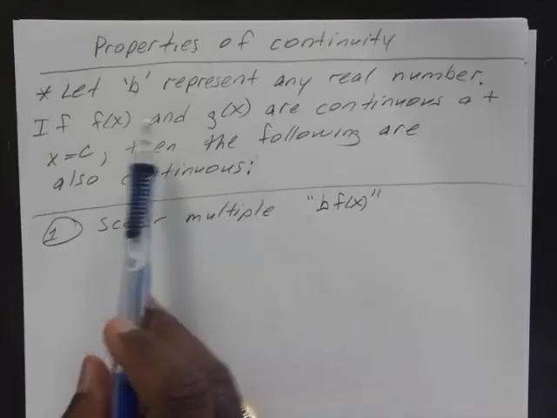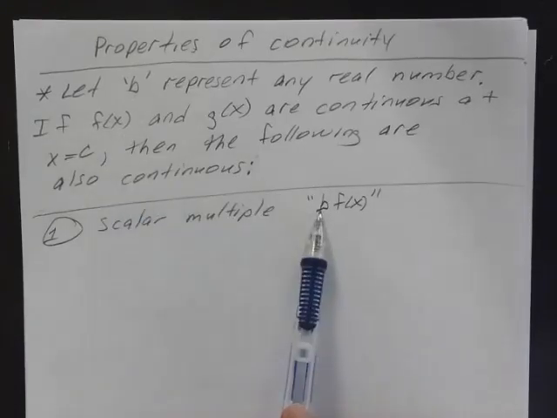If you get your continuous function and you multiply it by any real number, it's still going to be continuous.